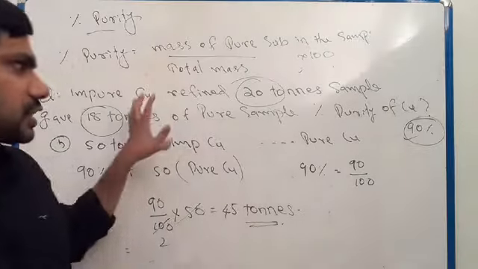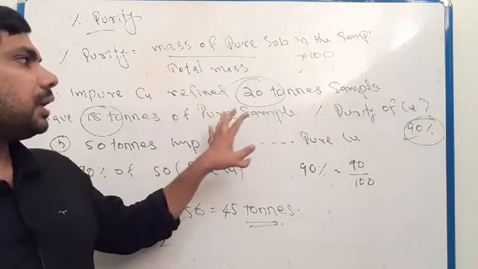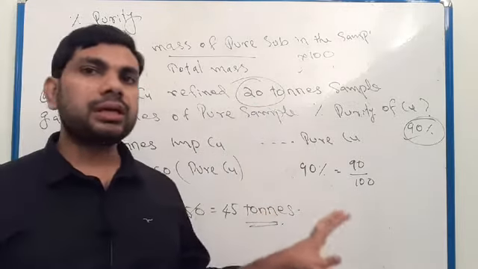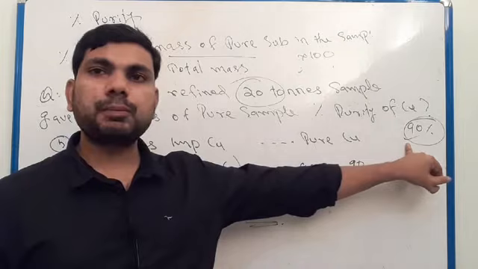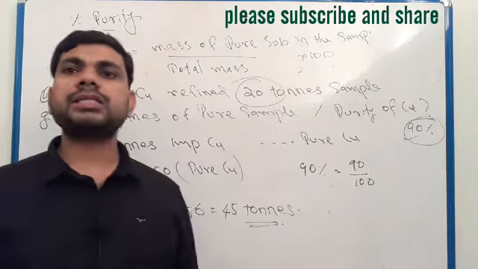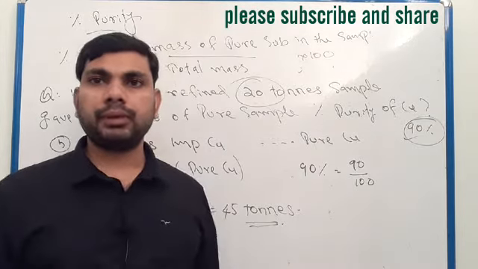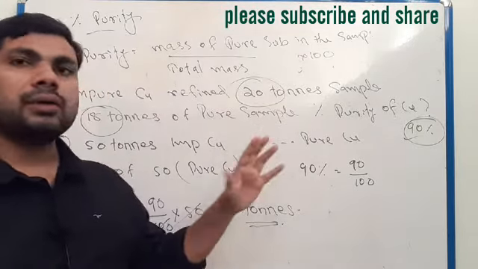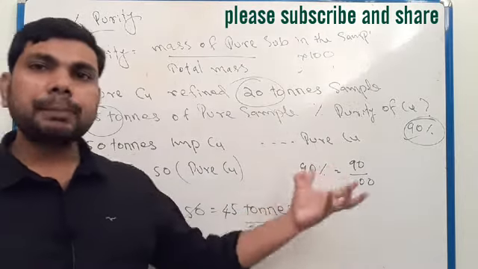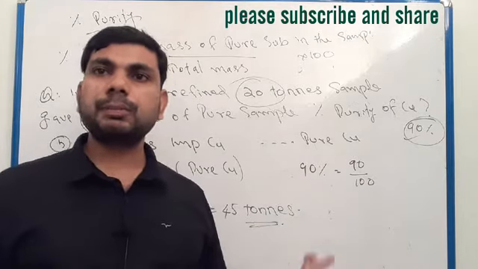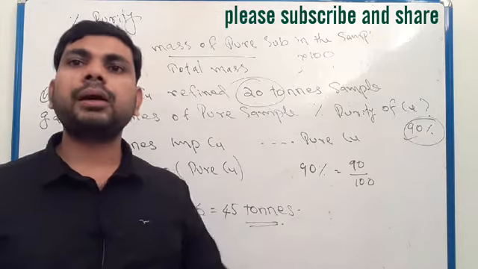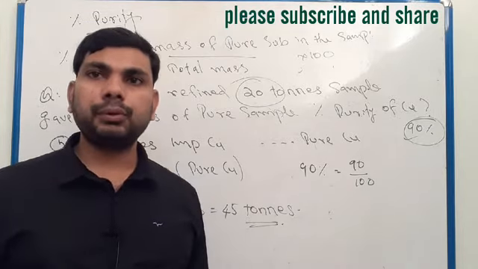So based on first question, we found here 20 ton sample which contains only 90 percentage pure copper. Even if it is 20 ton, 50 ton, 100 ton, it obtains 90 percentage pure copper. The percentage purity is 90 percentage, rest 10 percentage impurity.